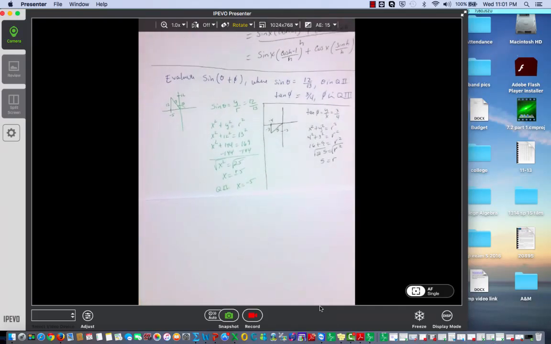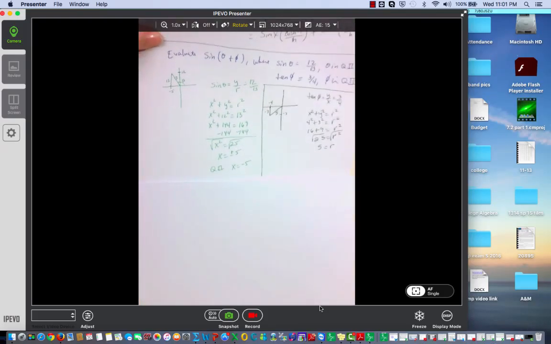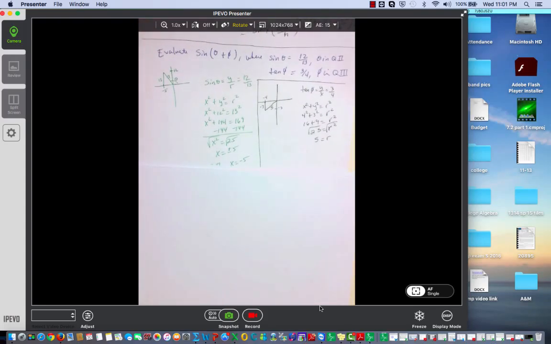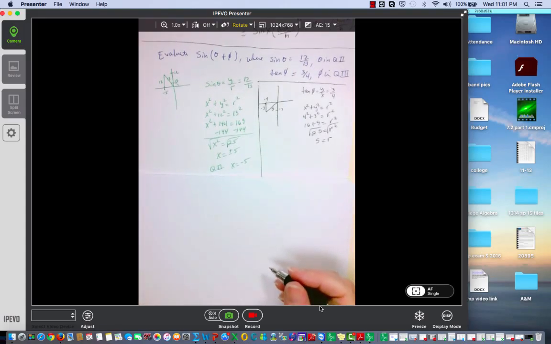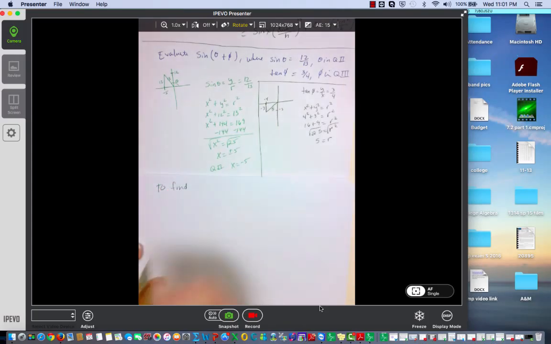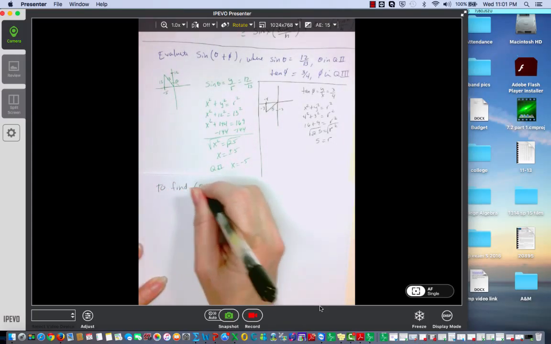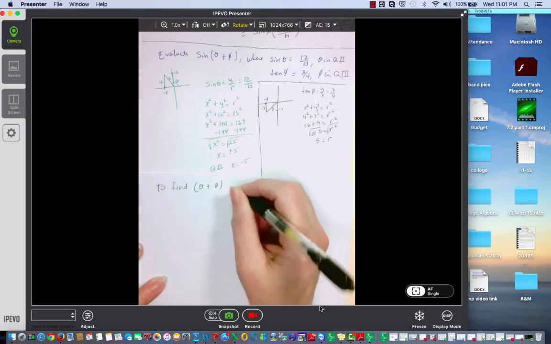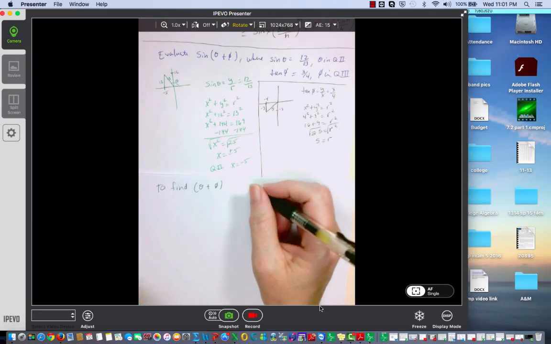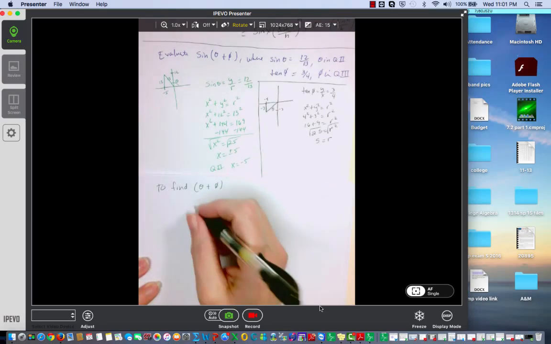All right, I'm going to scooch that up a little bit. We're going to take the values that we have and expound on those. To find our sine of theta plus phi, we're going to use the addition formula for sine.